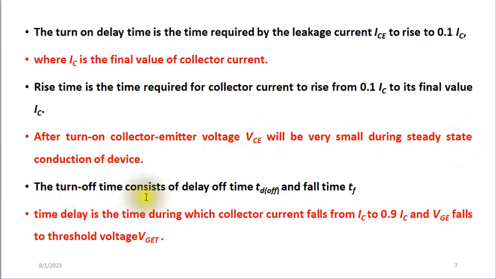During the turn off period, we have two times. We have the turn off delay and we have the fall time. And the time delay that is required for the current to fall from the maximum to 90% is what we call the turn off delay. And the VGE will now fall from the threshold value to the point where the device will stop conducting.